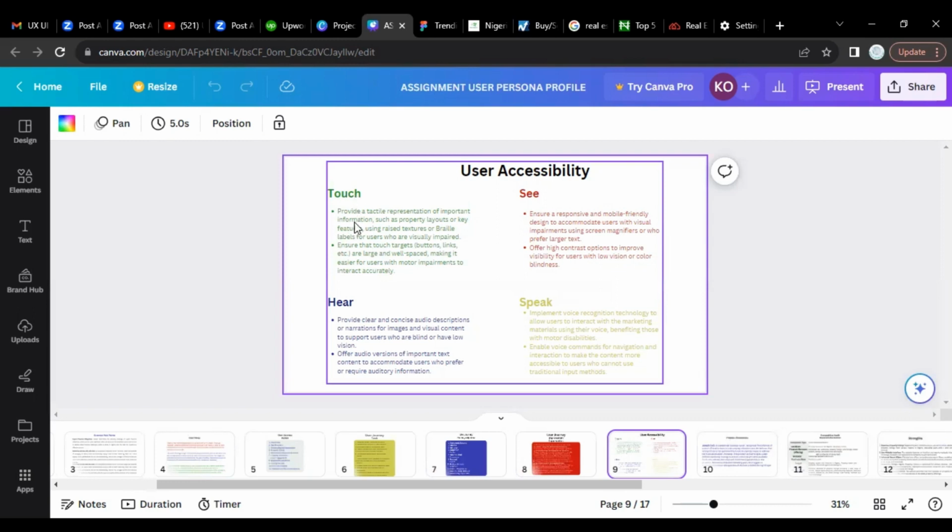So on the touch bar, we will provide a tactile representation of important information such as property layouts or key features using raised textures or braille labels. I saw something like this in the app you did yesterday, the one where you showed braille, the wireframing.